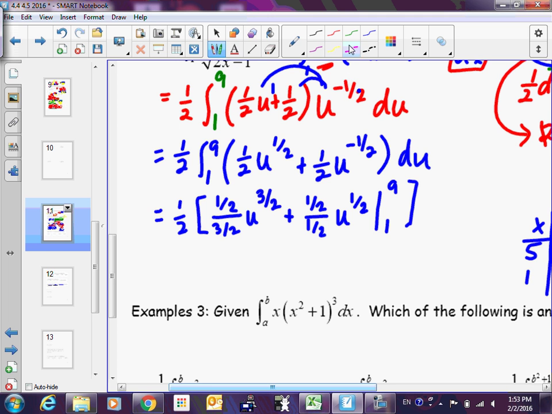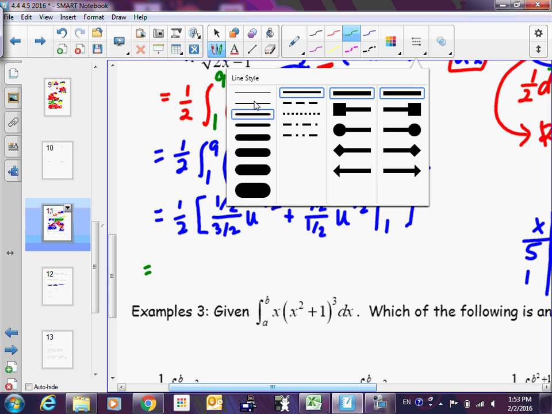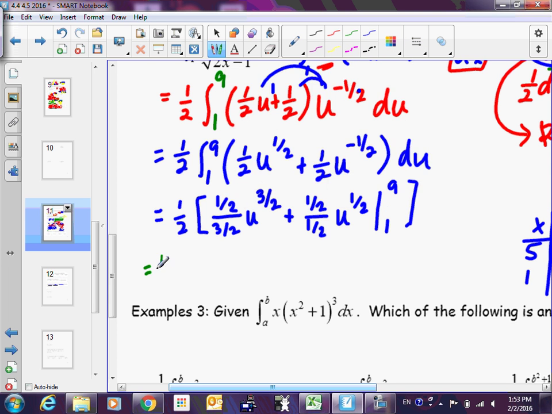So even if someone just walked in and hadn't even seen this problem, they can do the next step. All right, we have a half. You can simplify if you want to, but why? Okay, it's fine if you do.